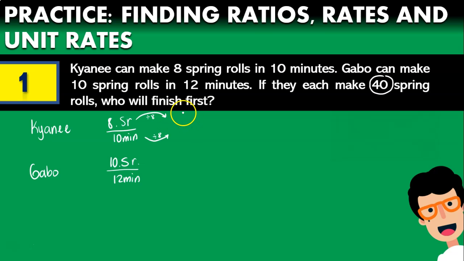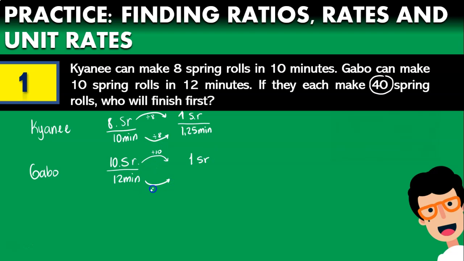So 8 divided by 8 is 1 spring roll that Kiani makes in 10 divided by 8, which is going to be 1.25 minutes. So Kiani makes 1 spring roll in 1.25 minutes. What about Gabo? Well, in this case, if we want to get 1 spring roll, we have to divide by 10.